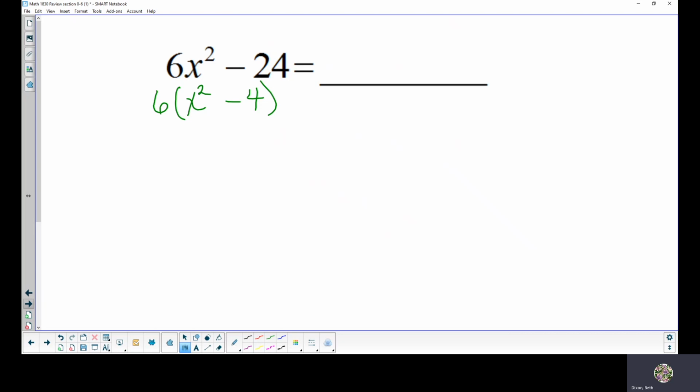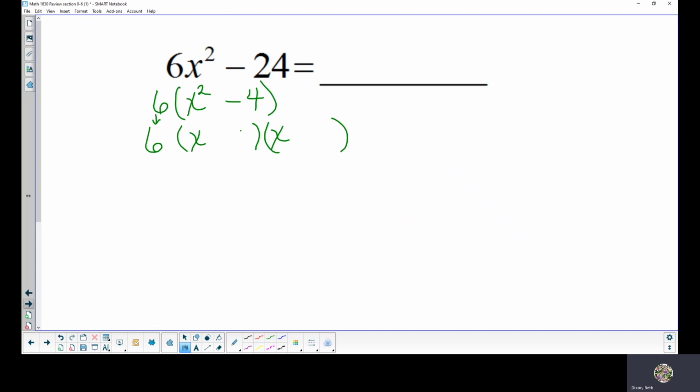Well, the x squared minus 4 has 2 terms, and it happens to be the difference of 2 squares. So I will leave the 6. It comes straight down and is part of my answer, but does not need to be changed in any way. Then I will draw my 2 parentheses. Then I have my x and my x.